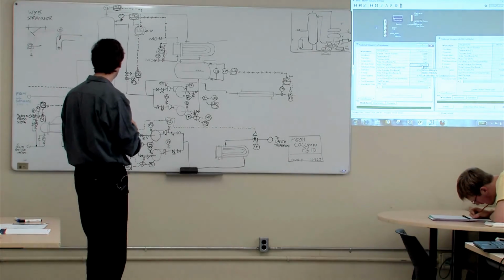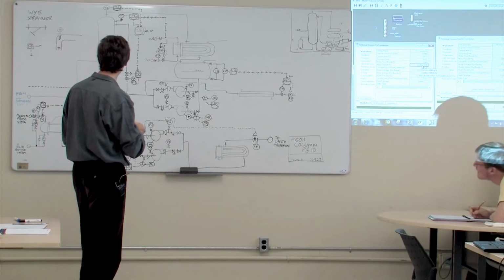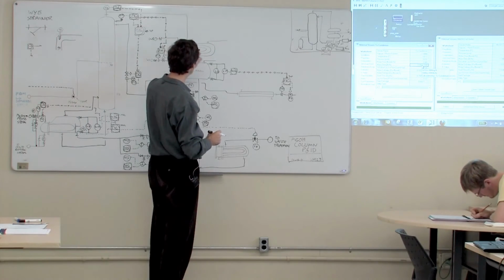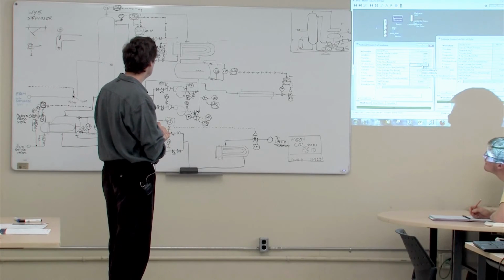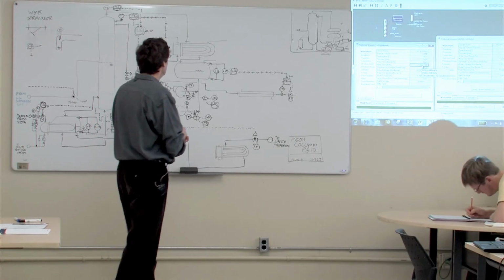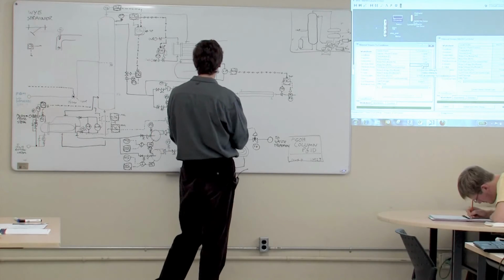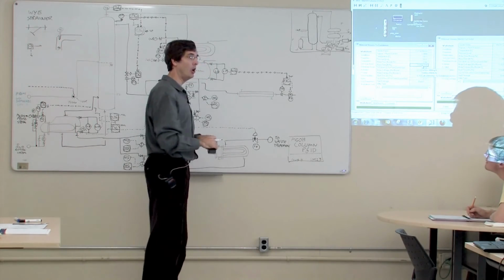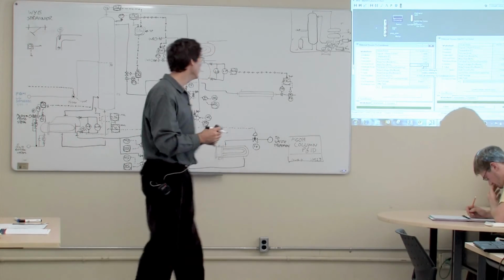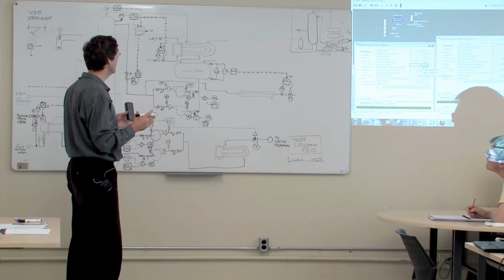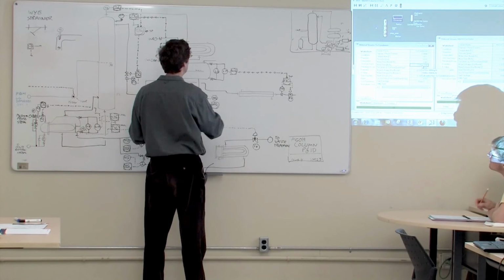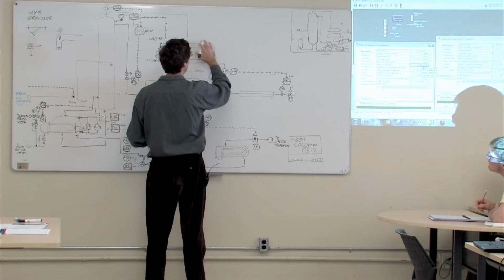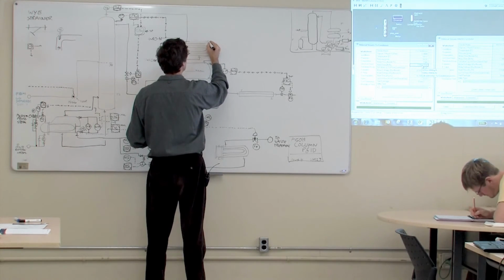Okay, so that's almost all of the controls, not quite. The next thing I've got to deal with is the vent rates. Now, because the vent rates are really, really low, and they're all non-condensables in them, a way to deal with this is to put a little bit of a hat or a bump on the heat exchanger itself, or you can expand the piping up a little bit.